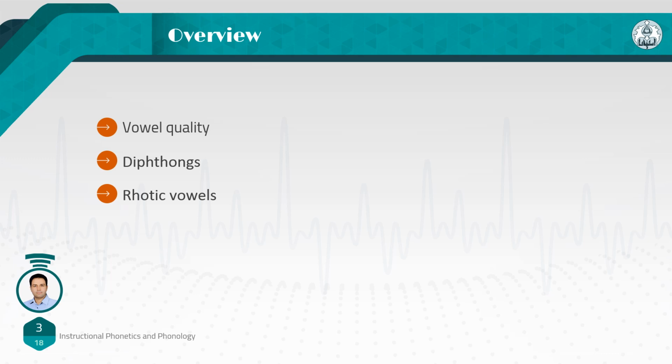This is called rhoticization. We also talked about tense and lax vowels, and at the end we talked about English vowel allophones. In that section I provided 6 rules about vowels, which was a kind of summary about English vowels.